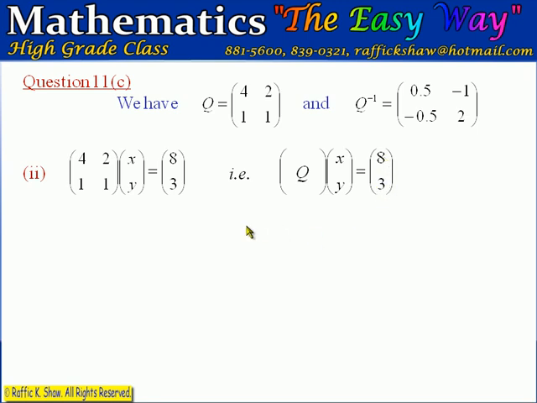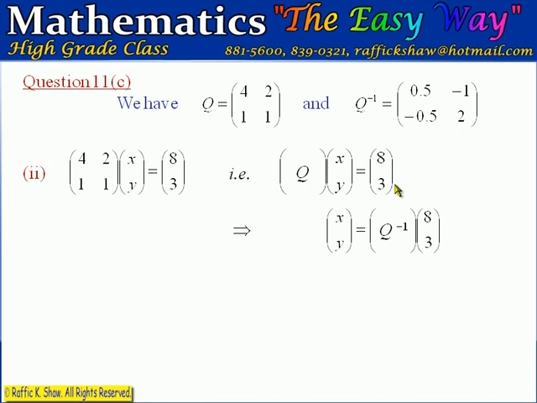And by simple matrices transposition from this matrices equation, if we multiply both sides by the inverse of Q, the result is that the matrix XY becomes equal to the inverse of the matrix Q multiplied by this matrix 8, 3. So that's a straightforward transposition of this matrix.